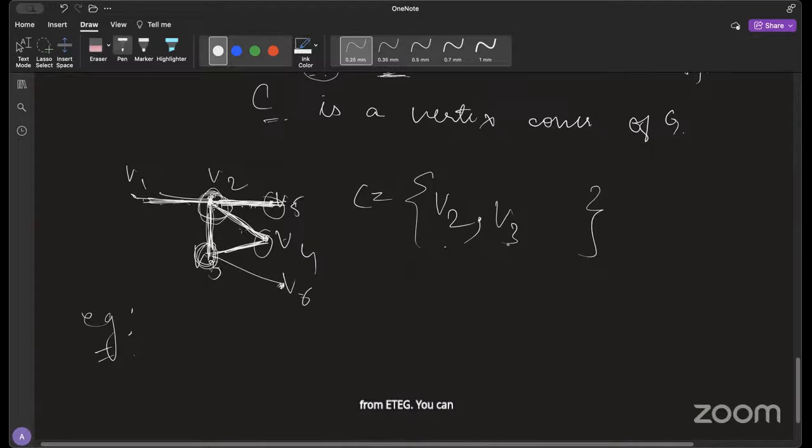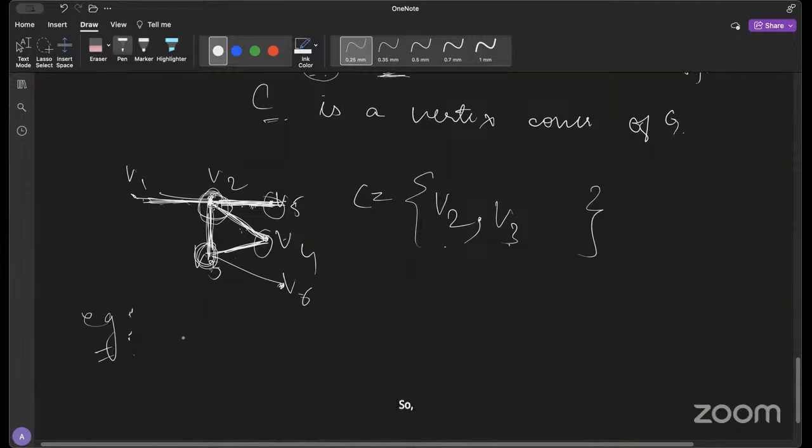You can have two from an edge, but make sure that from each edge you have one vertex. That's all. I thought if two vertices are connected by one edge, we have to take at least one. Yes, you have to take at least one. But here V2 and V3 are connected, those are two adjacent vertices, so we should have taken one from that. At least one means you should take one or more, right? That's what at least means, right?